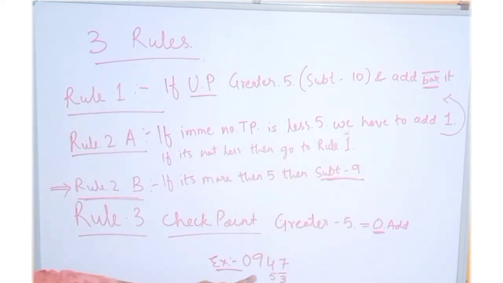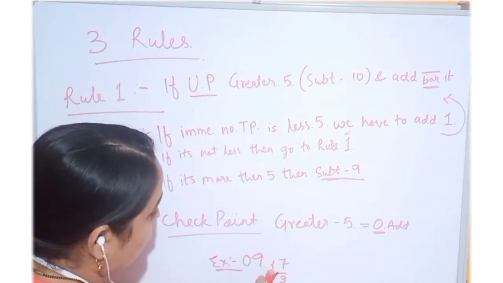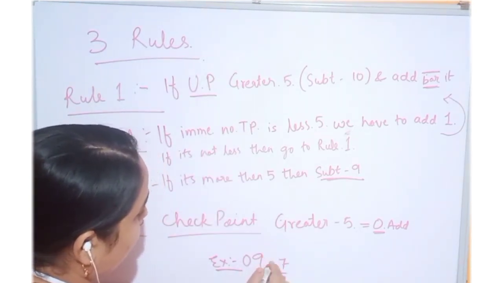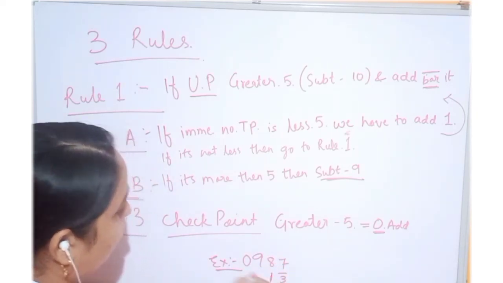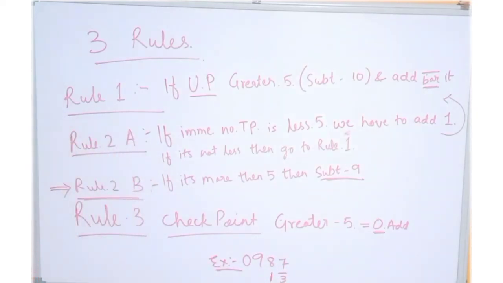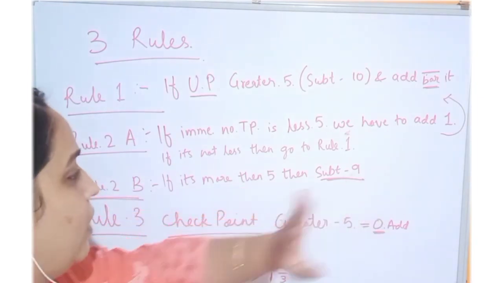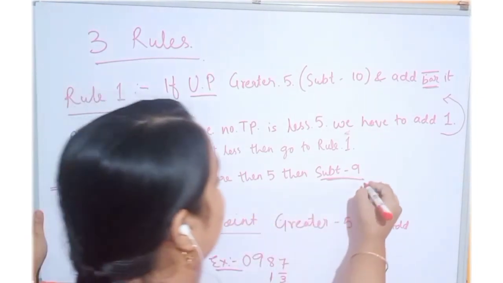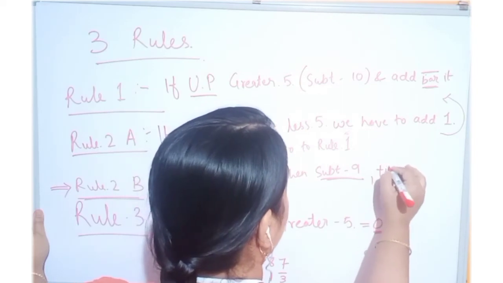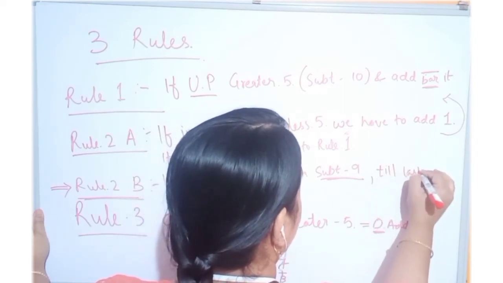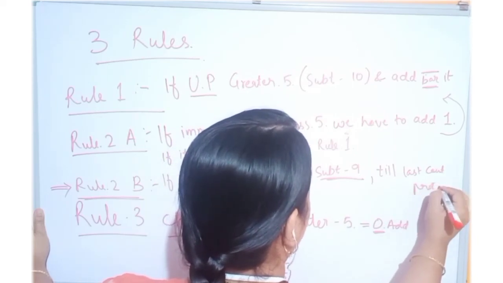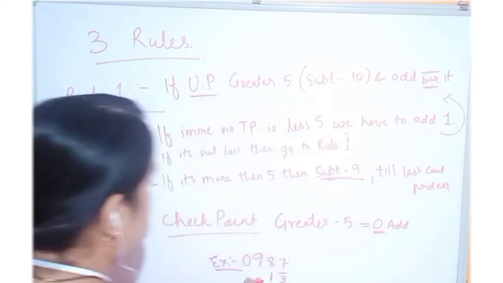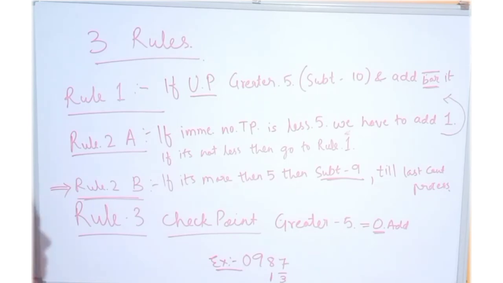For example, this is 4. If it is not 4 but 8, we will subtract it from 9, and we will get 1 here. Understood? And we will continue this till the last digit, the same process.